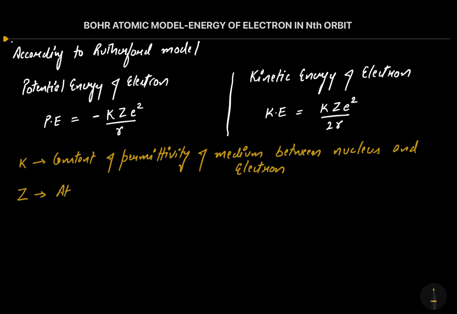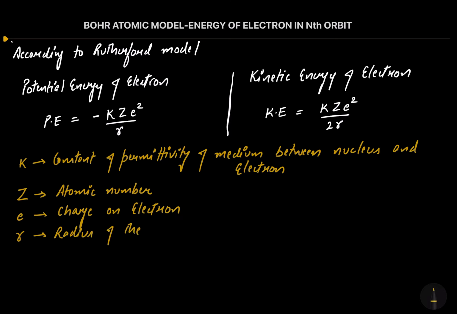The Z is atomic number. Small e is charge on electron, and what's r? It's the radius of the orbit in which electron is revolving.